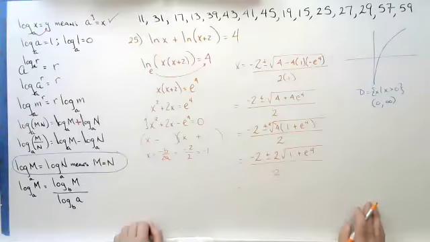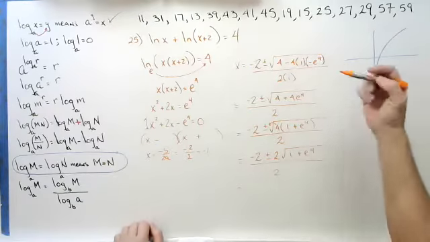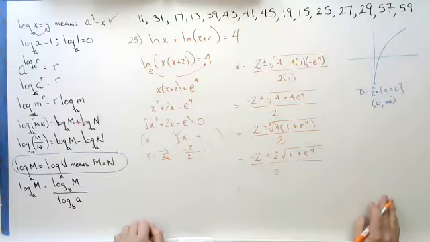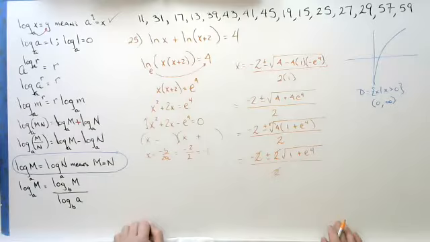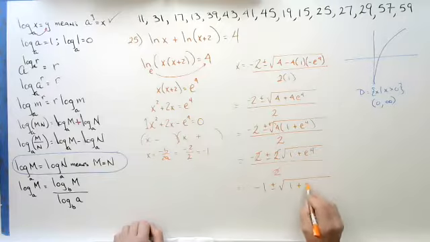So now we know why this one's number 25. It's number 25 because this part turns out to be less pretty, right? That's why they made it number 25. Now, this 2 cancels these, and we get -1 plus or minus the square root of 1 plus e to the 4th.